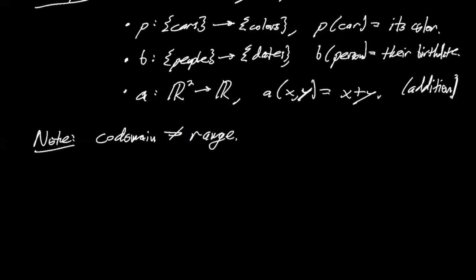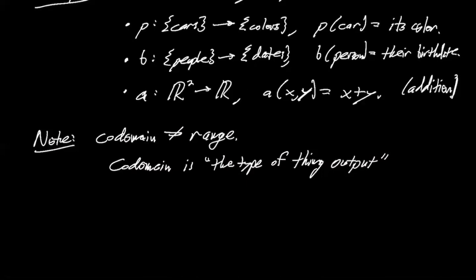Are they colors? Are the outputs dates? Are they bananas? I don't know. So you have to sort of say what they are. So the codomain is sort of the type of thing the output is, to say it very poorly, the type of thing output by the map or the function.